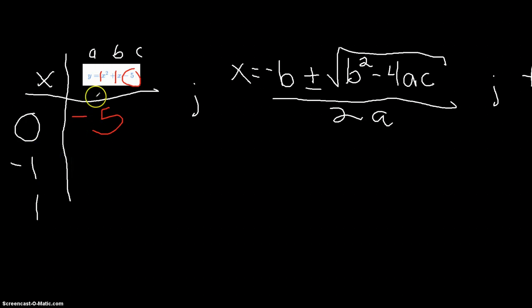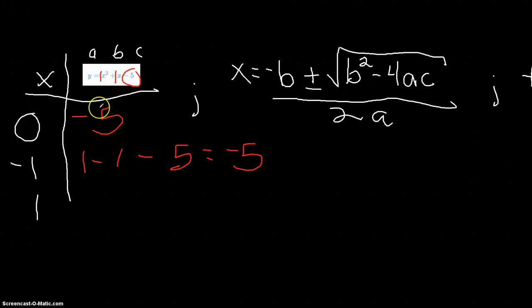And then when x equals -1, we would have -1 squared, which is +1. And then plus -1, so that's -1. And then minus 5. So we'd have 1 minus 1 is 0, minus 5 is -5.